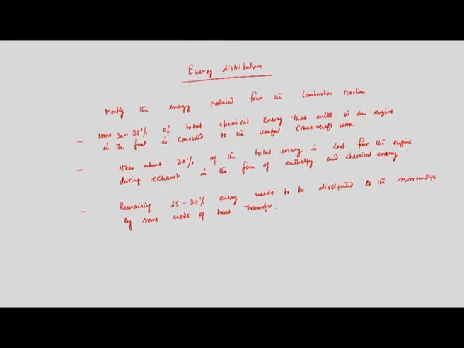So, 30 to 35% of the total energy is converted into useful crankshaft work, 30% is lost by the exhaust gas in the form of enthalpy, while the remaining 25% to 30% must be dissipated to the surroundings by some mode of heat transfer: conduction, convection or radiation.